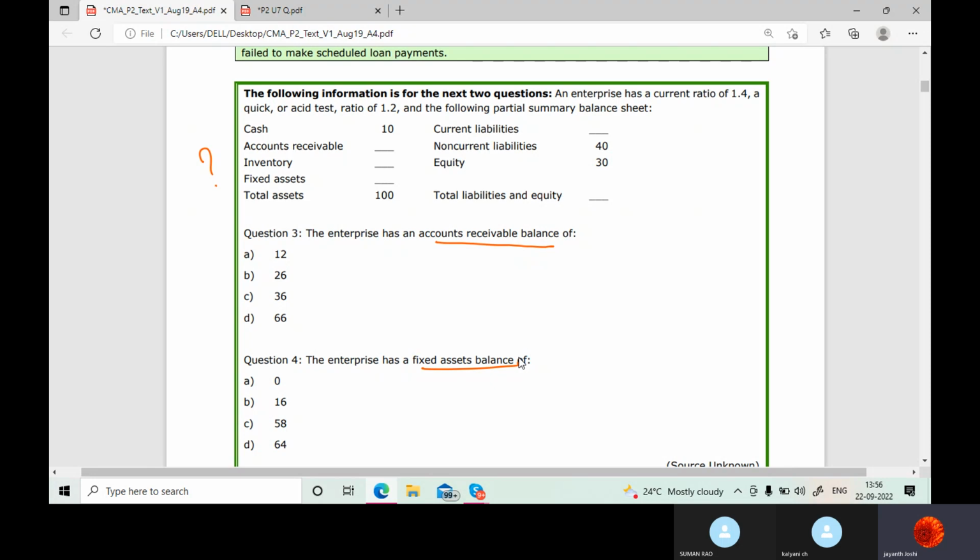So are you doing this? Yes. Okay, so what is the answer?